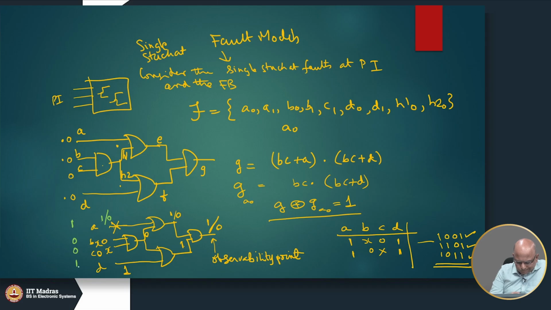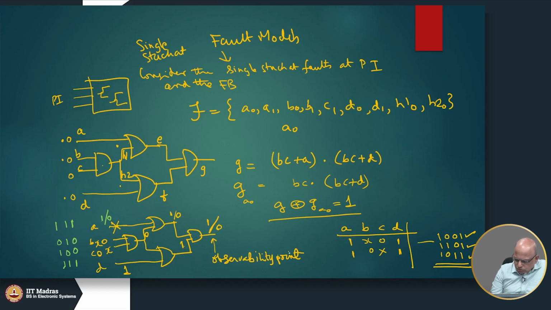Okay. So, you will realize that 1001 is also okay, or 1101 is also okay, or 1011 is also okay. So, any one of these will result in a 1 at the output if the circuit is good, a 0 in the output if the circuit is bad.